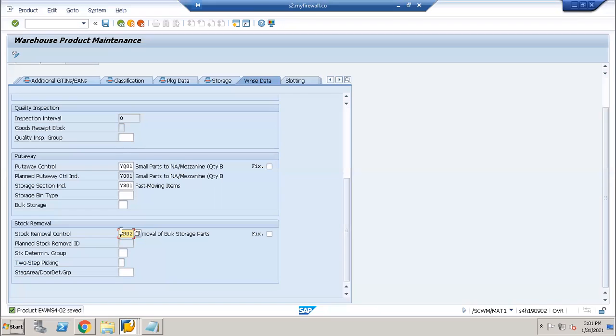Or we have a specific storage type applicable for Tyson, our second key customer. Then we can have this storage type applicable for the Tyson customer. So depending upon the storage type and the product name, we can segregate the stock removal strategy.